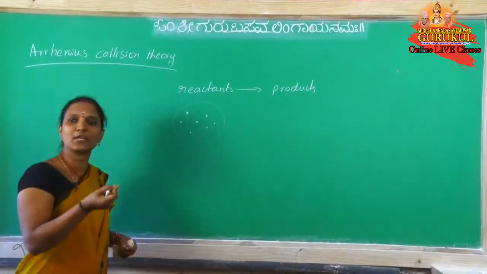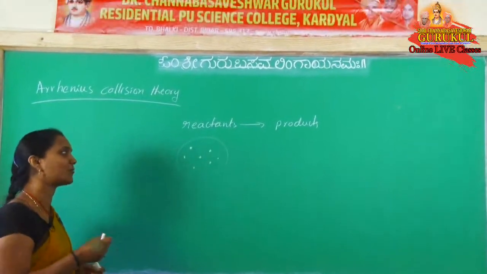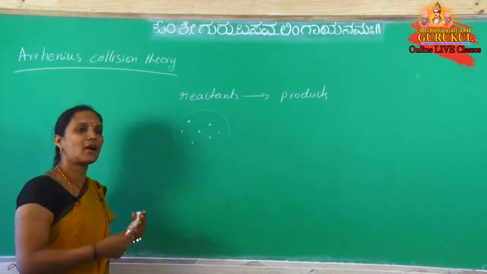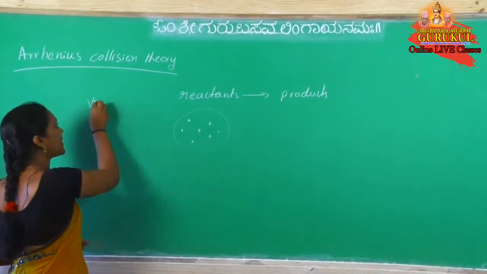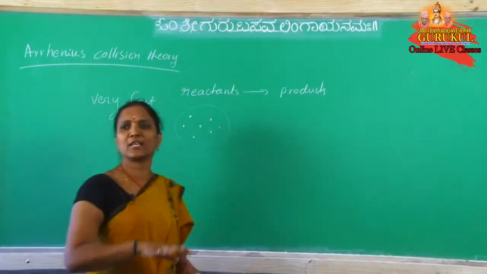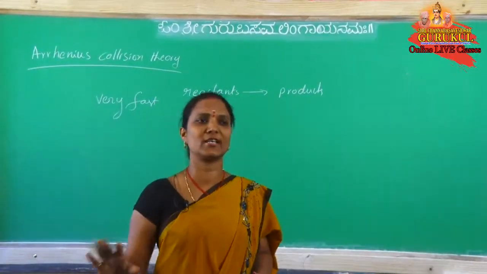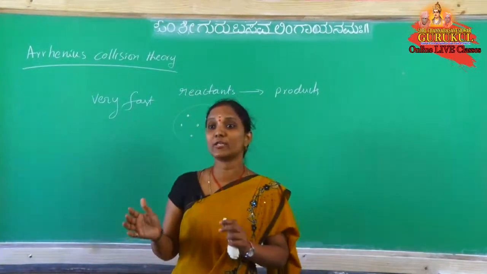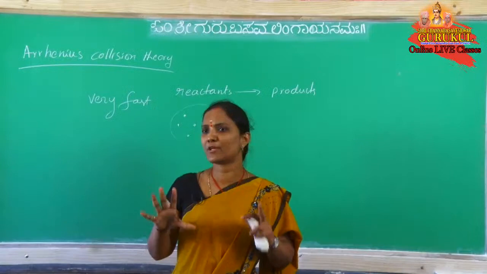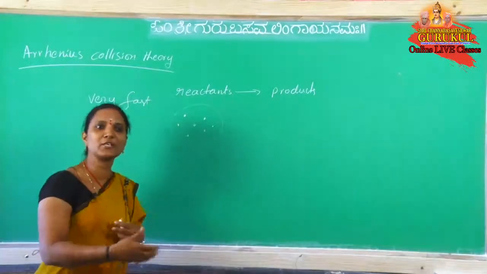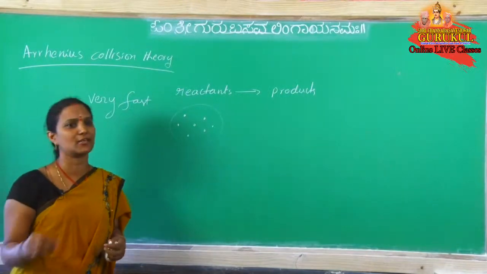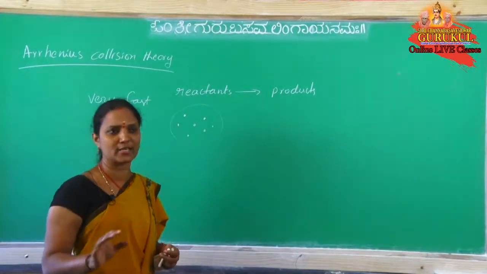If all these collisions lead to the formation of products, all the reactions would be very fast reactions. There would be no slow reaction and no moderate reactions.